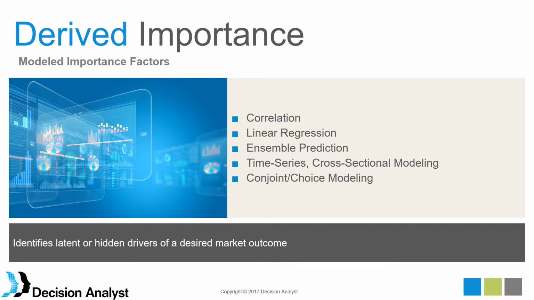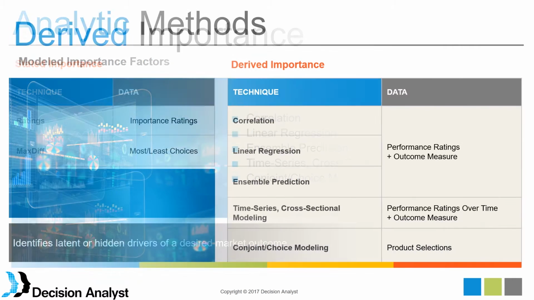Sometimes they are. But often we do find certain factors that are not stated but very high and derived. And we'll talk about some of these methods, mostly based on regression, and we have conjoint choice modeling on the back end of the presentation.